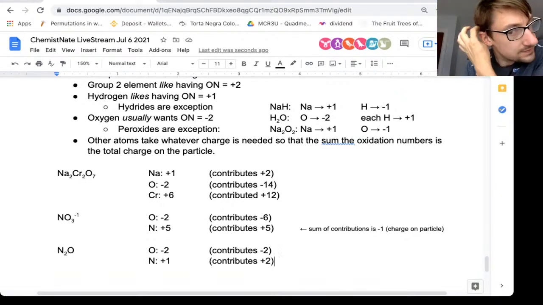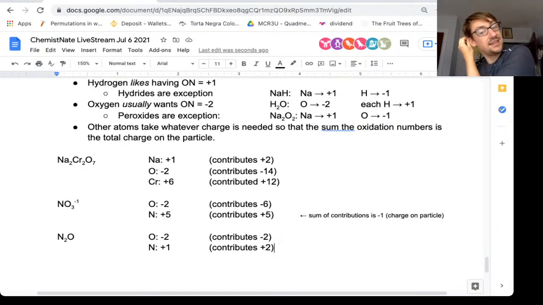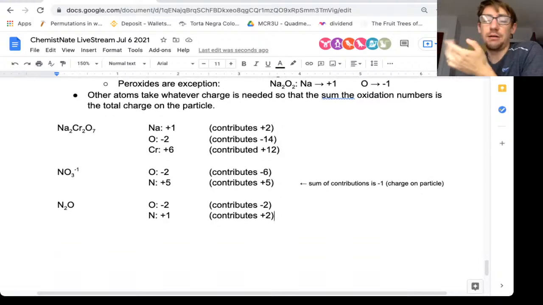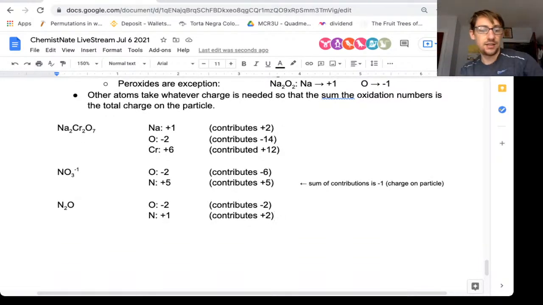Now, the whole point of calculating these is that in chemical reactions, you might have one thing get oxidized and another thing get reduced. By that, I mean the oxidation numbers will change. Not sure I can come up with an example right off the top of my head. The one that I like the most is usually, wait, let's just do this.